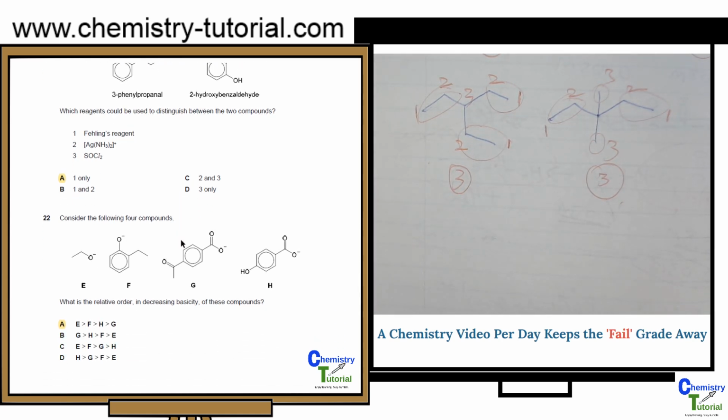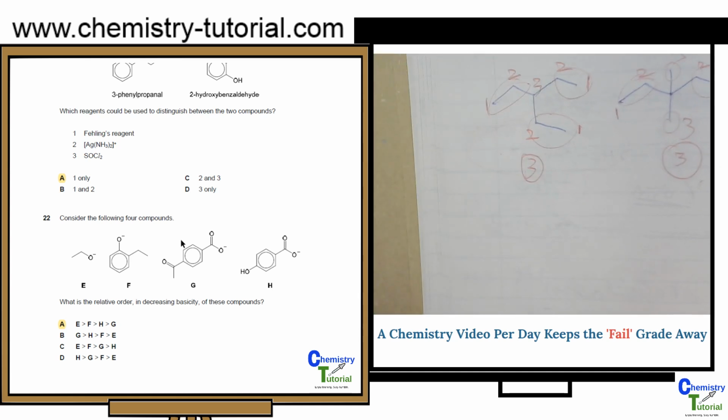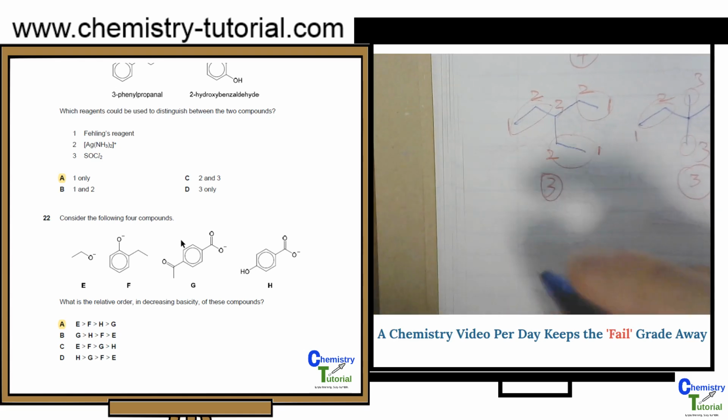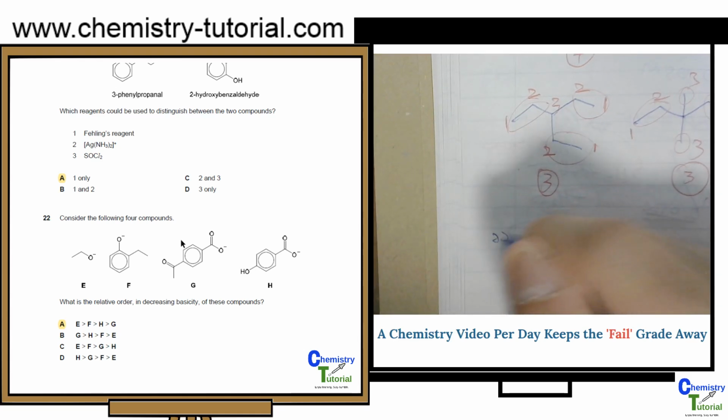For question 22, consider the following 4 compounds. What is the relative order in decreasing basicity of these compounds? Now, basicity, we look at the availability of lone pairs. Okay, so now let me just write this out. In order of decreasing basicity, sometimes this kind of phrasing can be a little bit confusing.